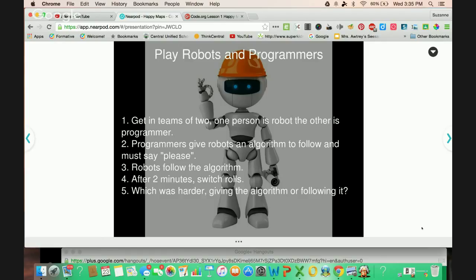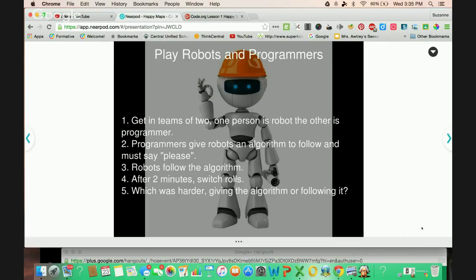Another rule that I have is that the number of things that the programmer tells the robot to do must be 5 or fewer. So you cannot say jump up and down 6 times or 10 times. That's too many. You can say walk 3 steps forward, please, or jump up and down 5 times, please, or turn in 4 circles, please.